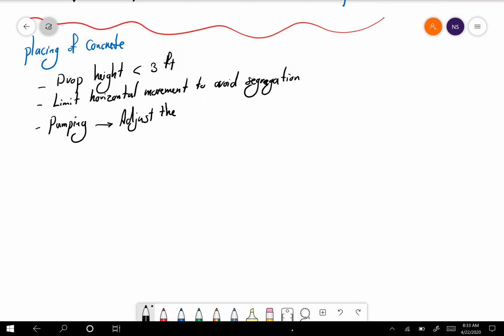So you need to adjust the mix design specifically for pumping of the concrete.